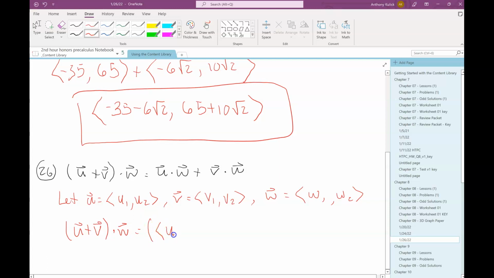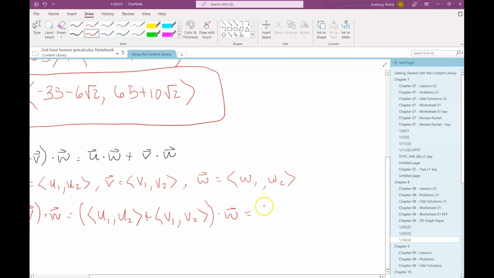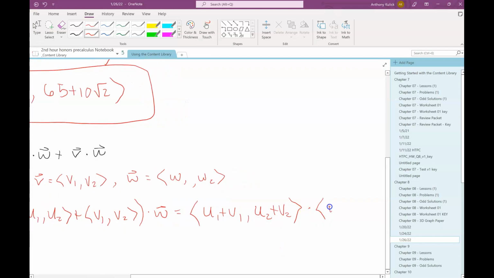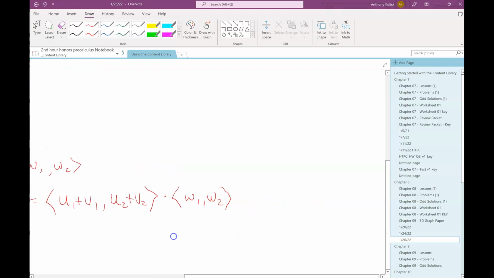So I'm going to start by rewriting the vectors inside the parenthesis in component form. To do that vector addition, I add the first components together and then add the second components together. And now I'm going to rewrite w in component form also. So far, so good? Okay.